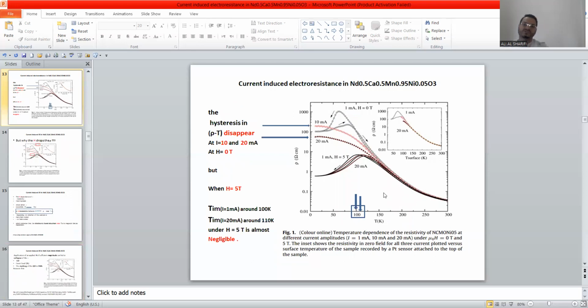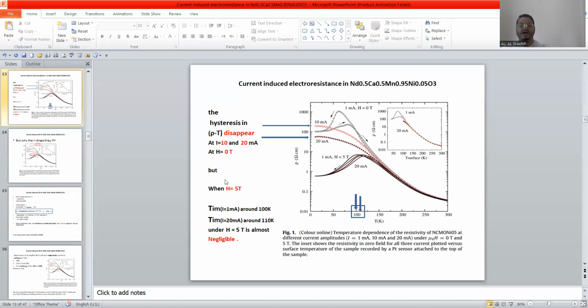Here, the hysteresis in the temperature-resistivity disappears at these two different amounts of current. I mean, at 10 milliampere and 20 milliampere, the situation is different. We don't have any more hysteresis phenomena.